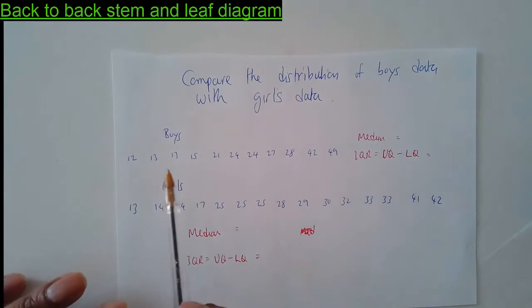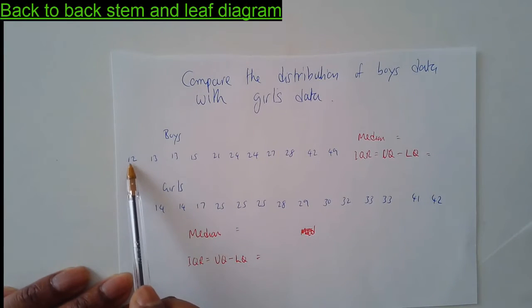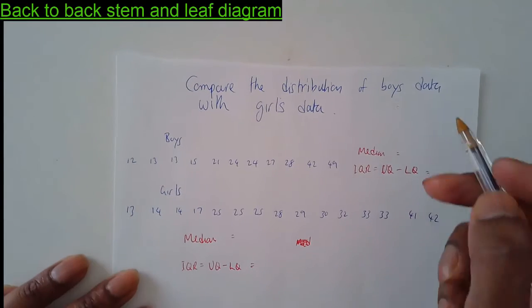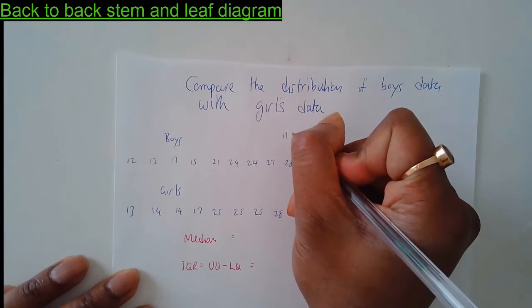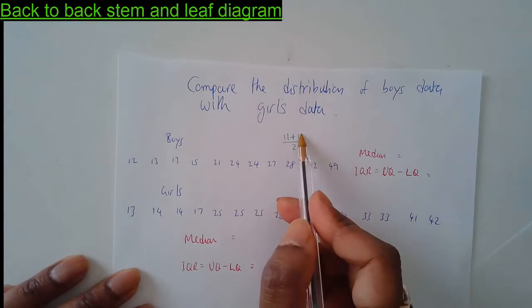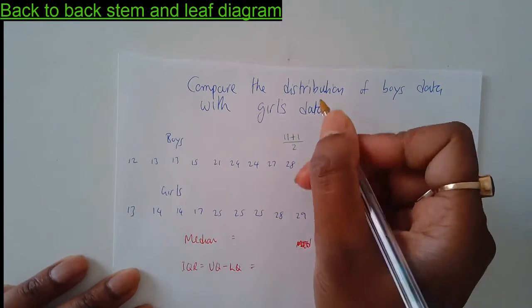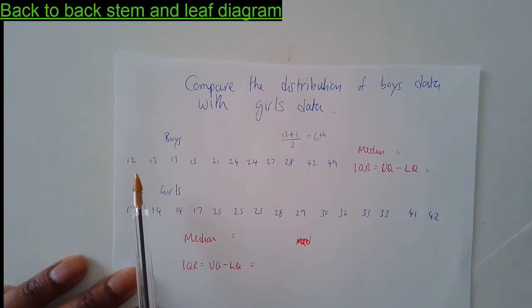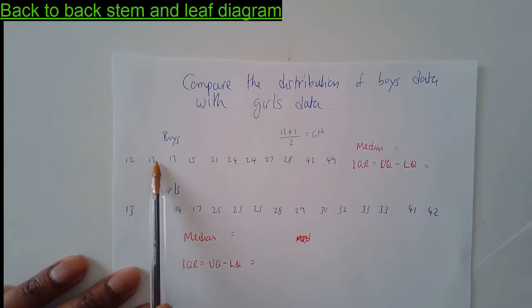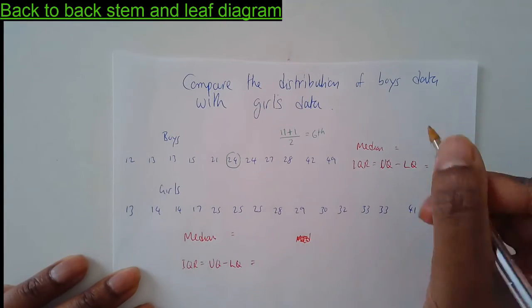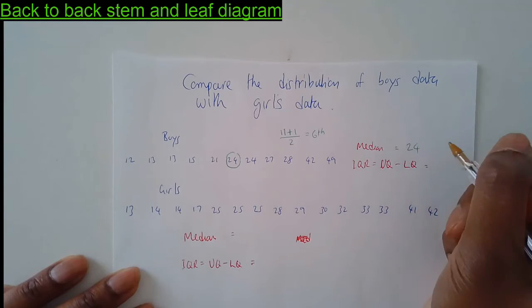Or what you can do is count the number of numbers here. 4, 5, 6, 7, 8, 9, 10. There are 11 there. Remember to add 1 and then half it. So that's 12 divided by 2 is 6. We're looking for the 6th value. First, second, third, fourth, fifth, 6th. Median is 24. That's for the boys.